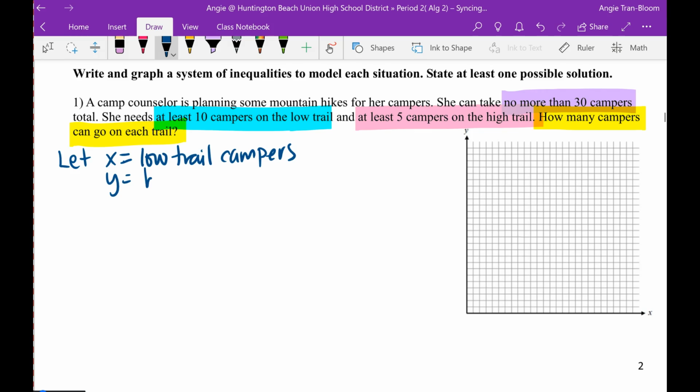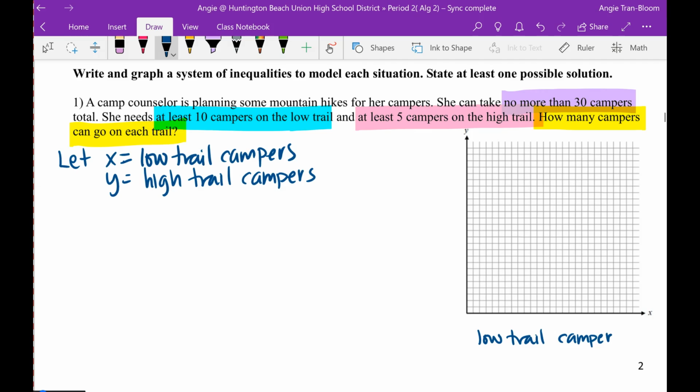That's right. So right away, go to your x-axis and label low trail campers. Okay, that means the y-axis gets high trail campers.